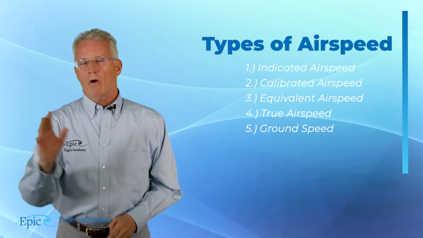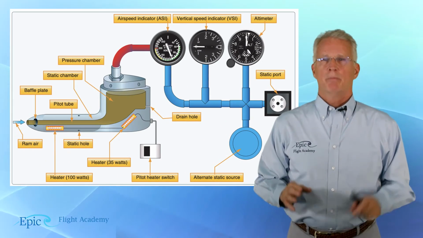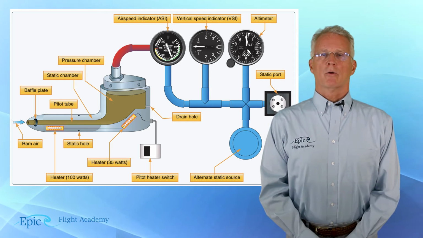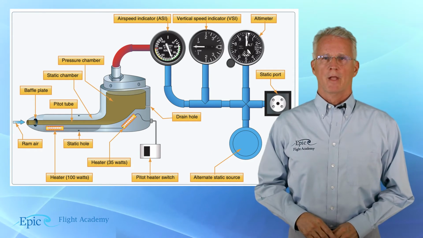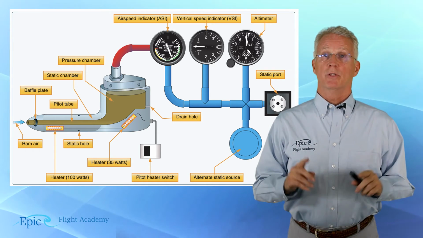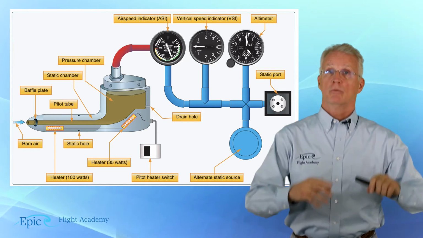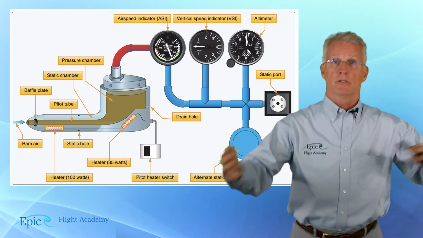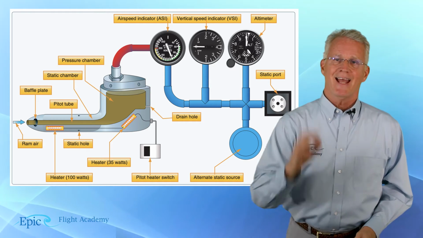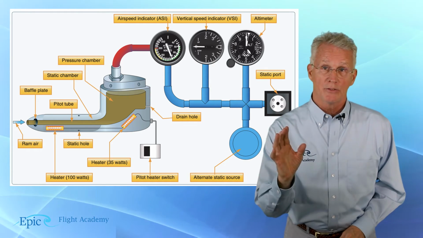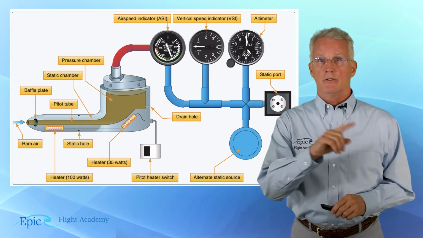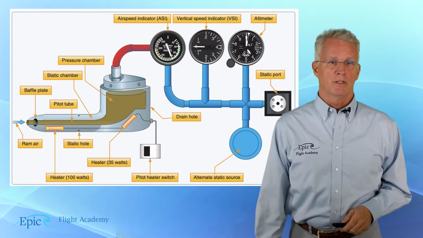Now, we also talked about some pitot-static errors and blockages. Now, in the private pilot course, we touched on those briefly. As an instrument-rated pilot, this information is going to be critical to us because should we experience any of these blockages or errors and we are IMC in the clouds, that could be potentially hazardous unless we are proficient in the operation of the airplane and understand this pitot-static system in detail.